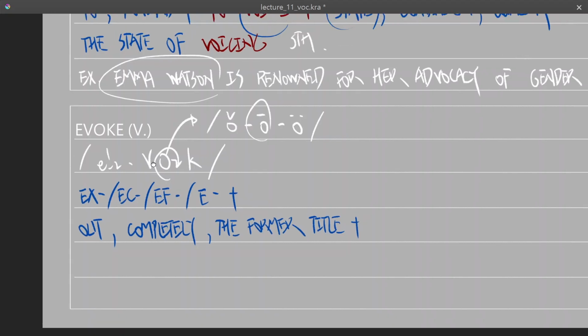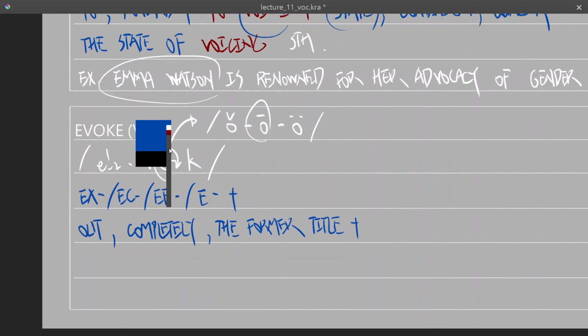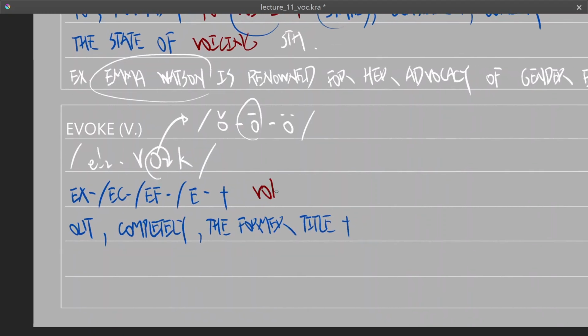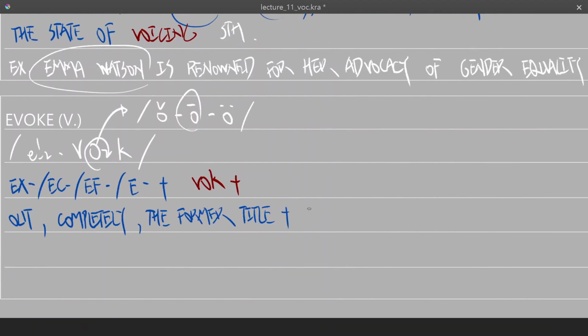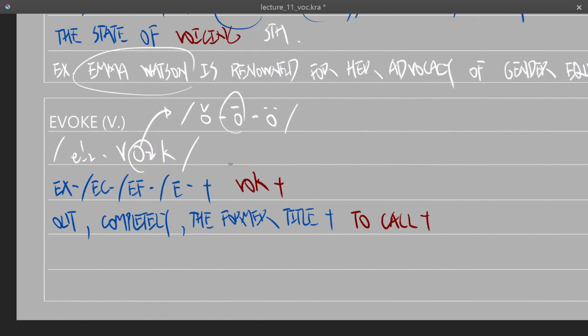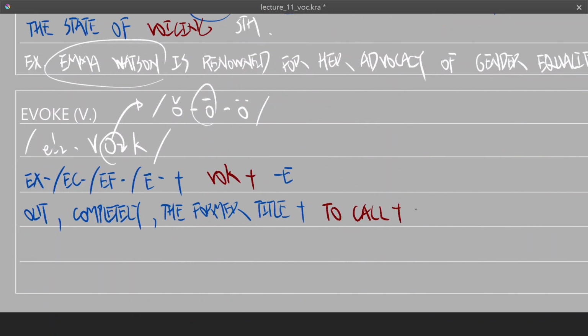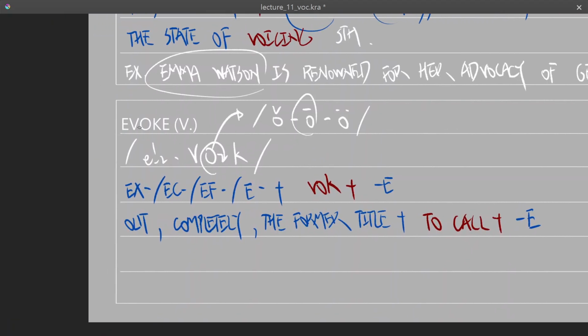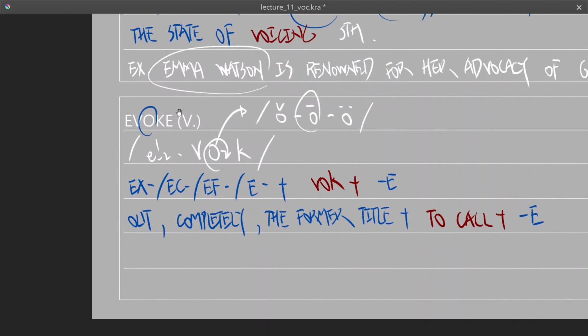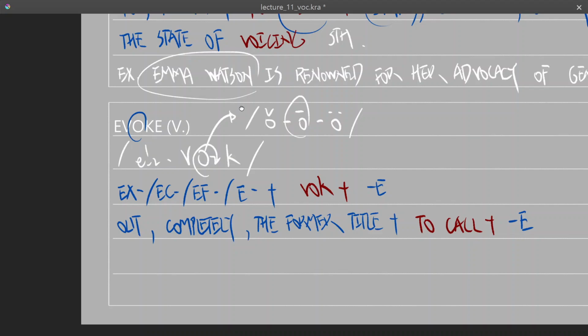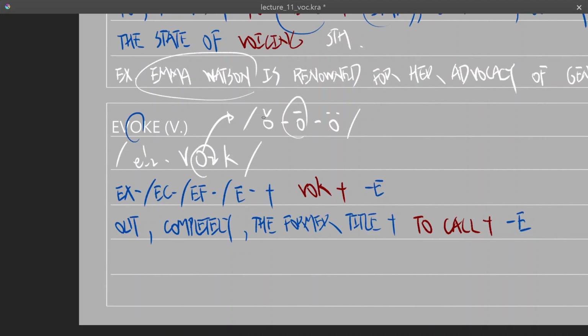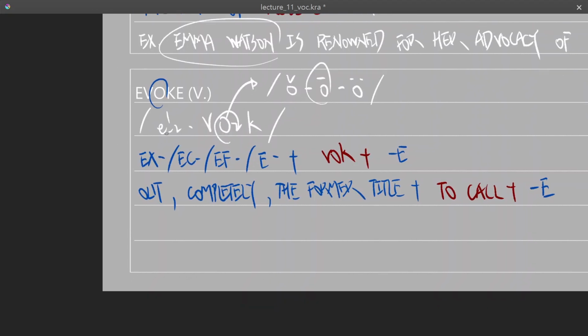Now we have the root VOC, meaning to call in this case. And lastly, we have the silent final e. The silent final e in this case is simply there so that the phonogram o has its long sound, the second sound for a, o, u. So evoke literally means what?